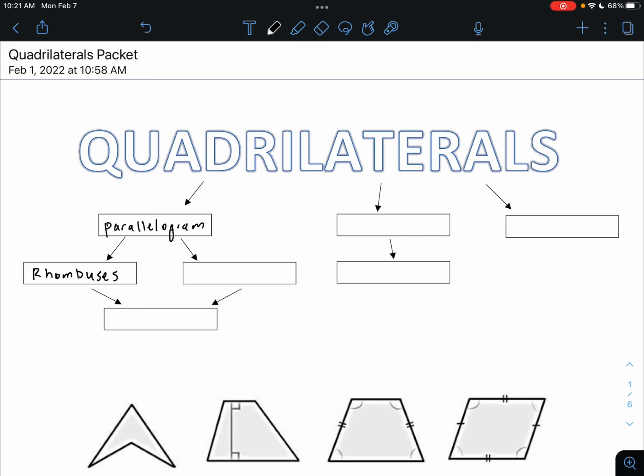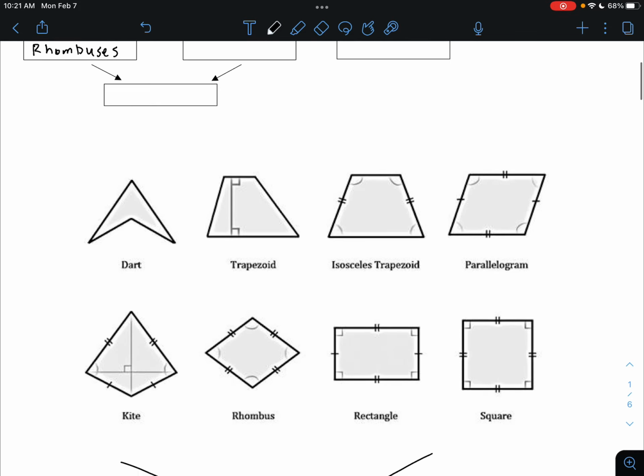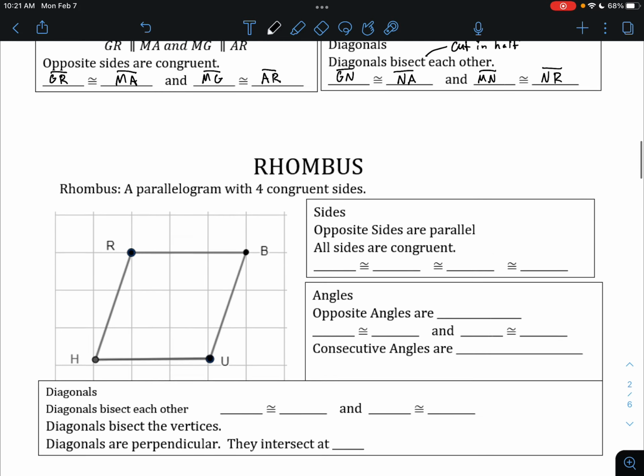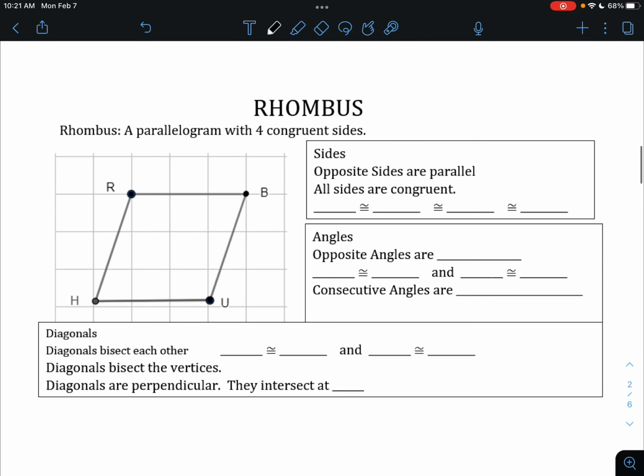So parallelograms are at the very top. Rhombuses are below them. They are a special type of parallelogram. And what makes rhombuses special is that rhombuses have 4 congruent sides. So a parallelogram with 4 congruent sides is called a rhombus.